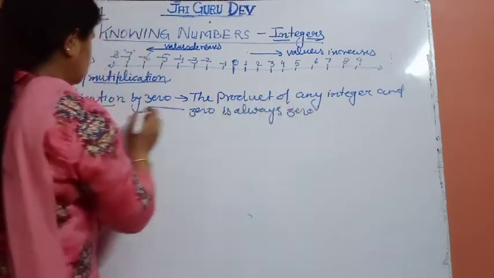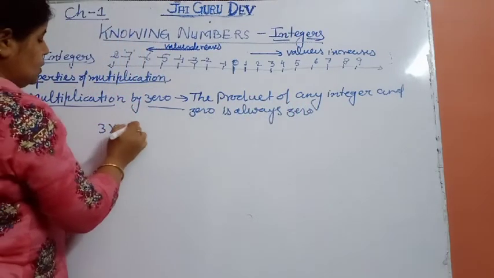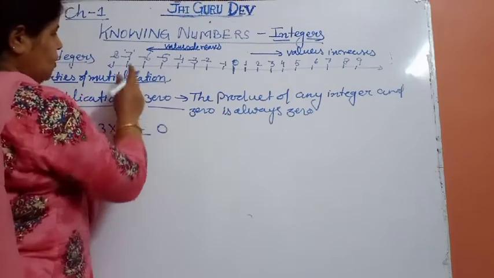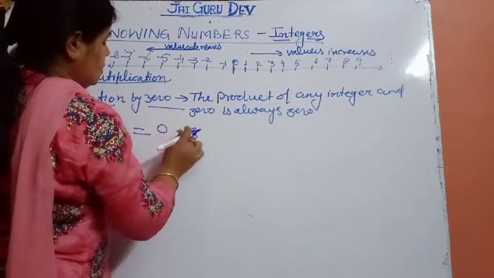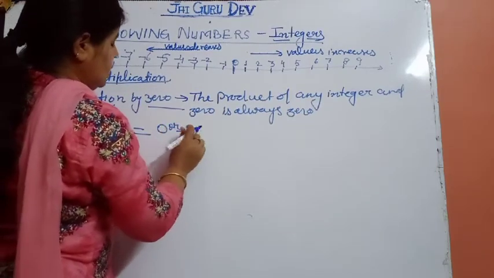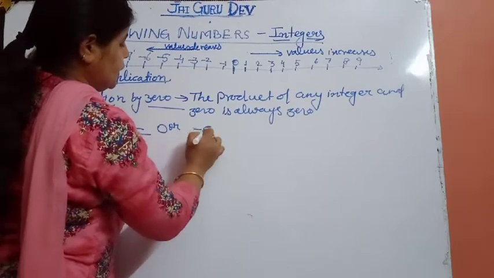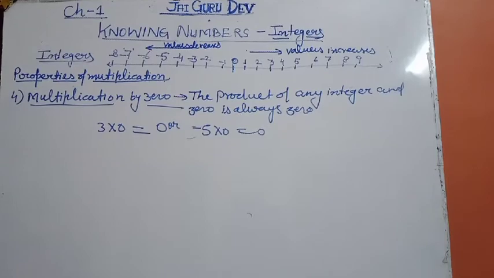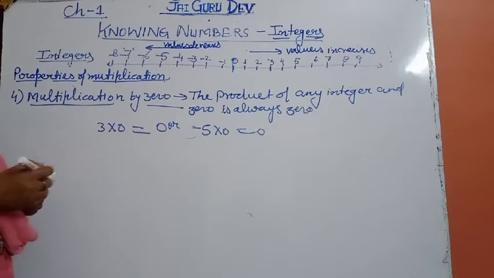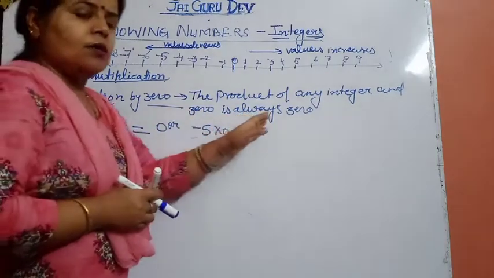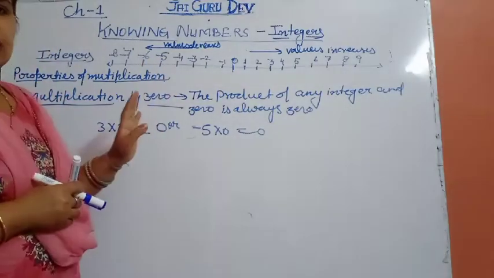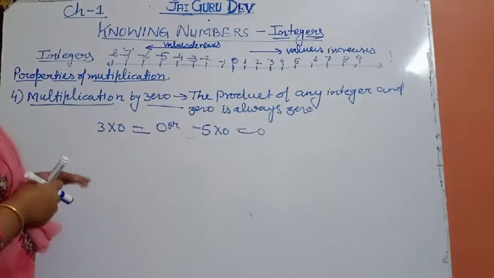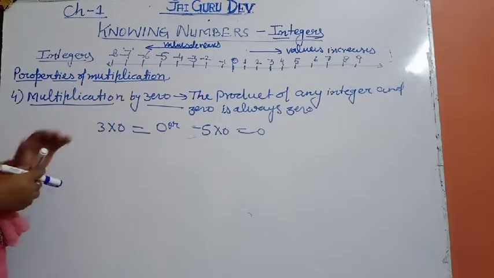Suppose I have taken 3 into 0, always it will become 0, or minus 5 into 0, always 0. It means if you multiply any integer with 0, the resultant value will always be 0. This is known as the multiplication by 0.